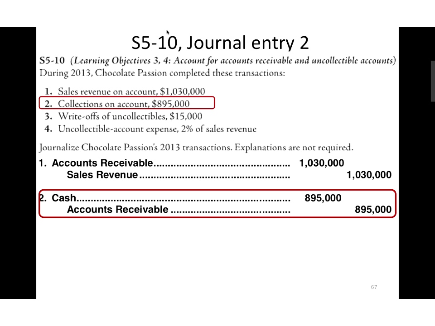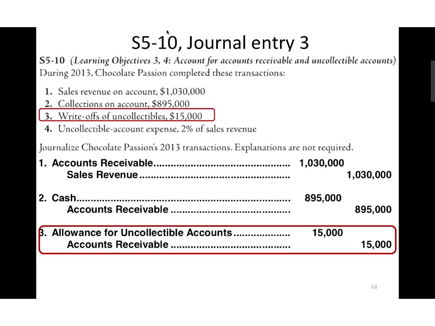Now, a write-off of an account is a specific account or accounts, customers, that we know have gone bad. I mean, they're bankrupt or for whatever reason, they're not going to pay us. So we're assuming they're part of that uncollectible allowance we have, but we want to get them out of it entirely. So what we're going to do for number 3, this is a write-off of an account.